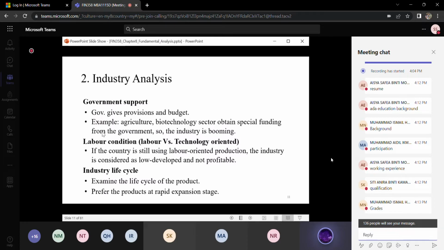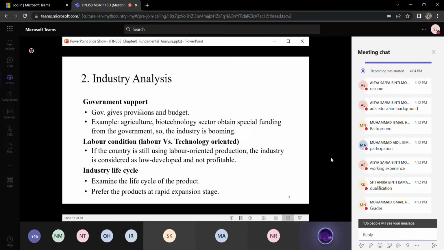Kita import padi daripada Thailand. Tapi kita tidak boleh bergantung 100% kepada Thailand. Sebab kalau Thailand dia stop, dia tidak ekspor padi, and kita tidak ada tanam padi. So macam mana? What going to happen? Right?